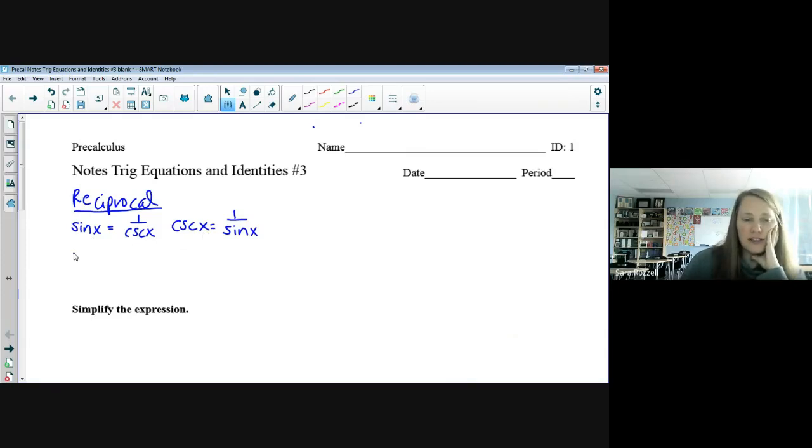We'll do cosine next. What was the reciprocal of cosine? Y'all can just mouth it. Secant. So cosine is 1 over secant, and secant is 1 over cosine.